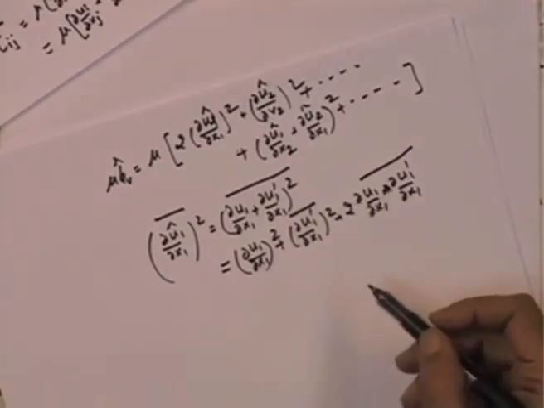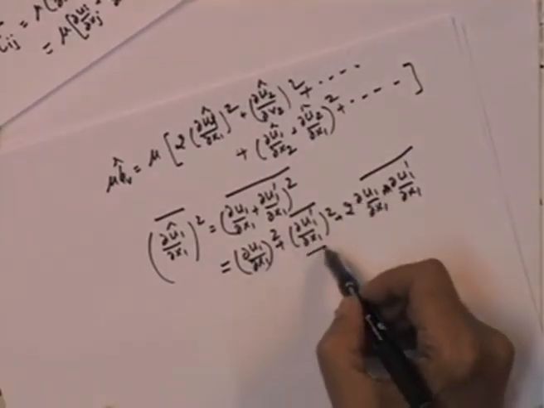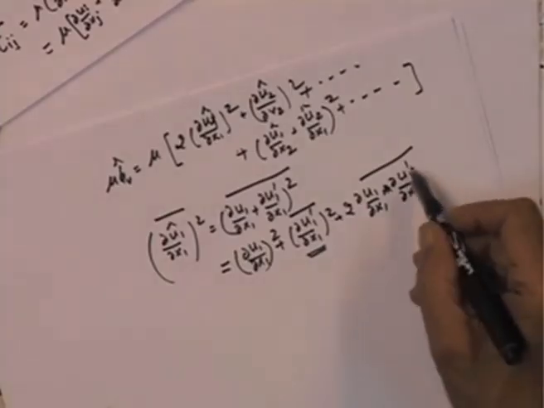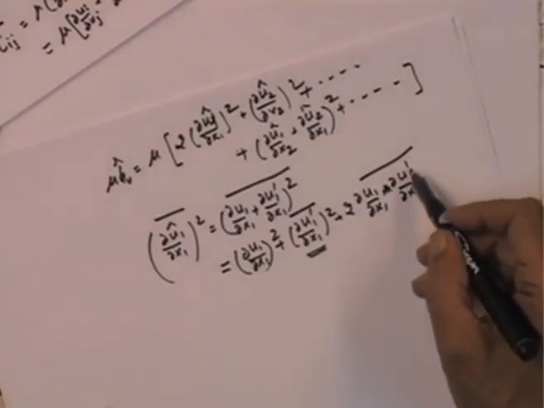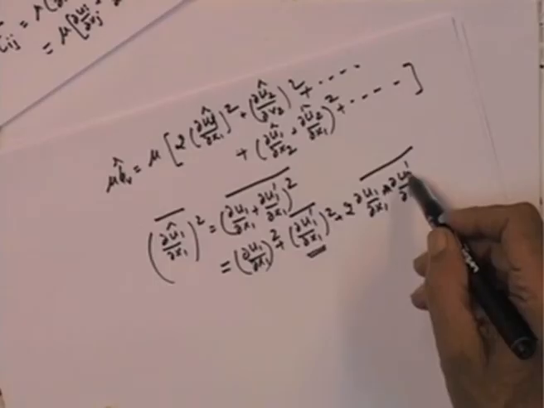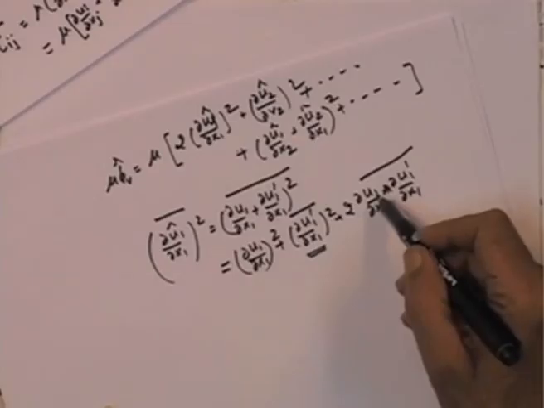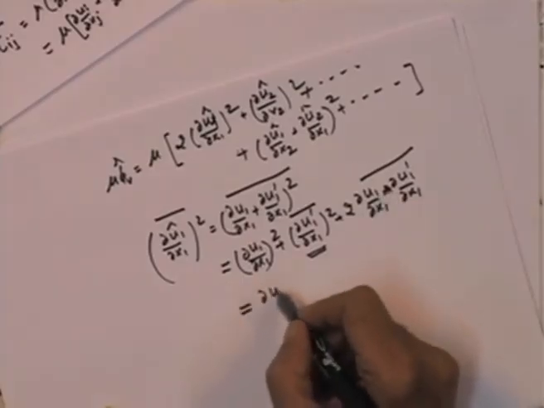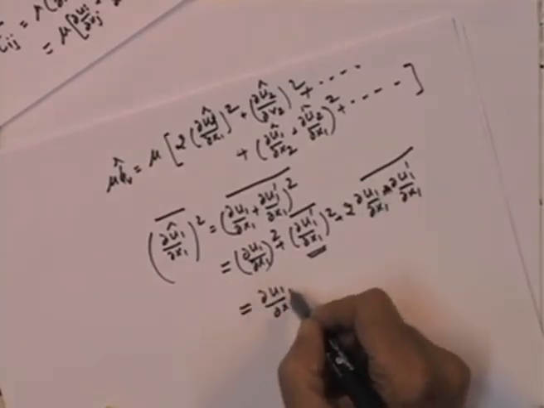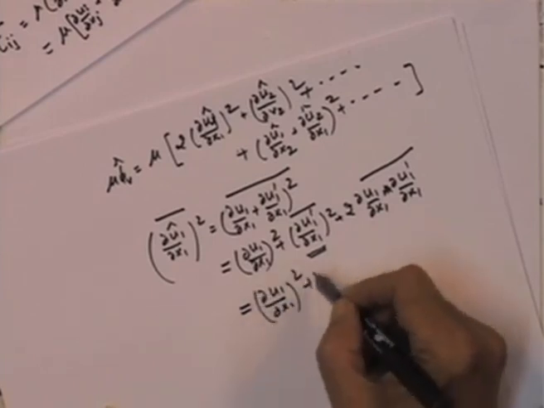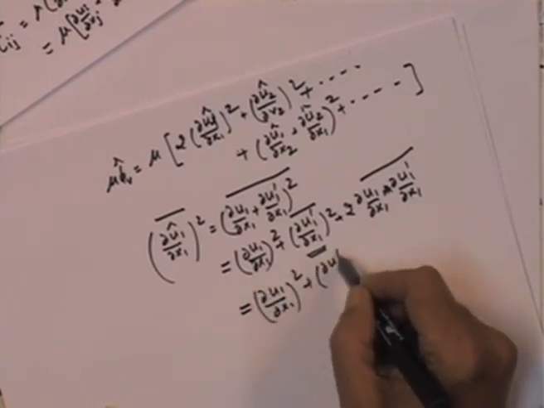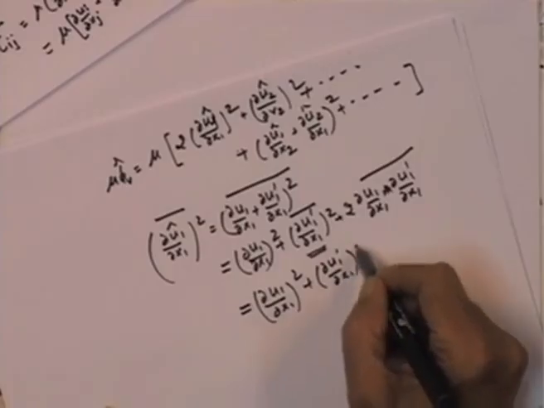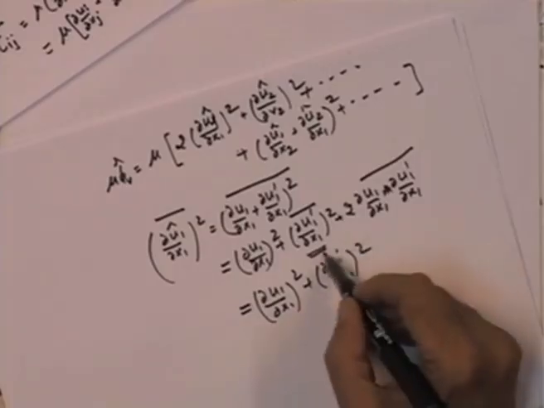You will see therefore that this term will survive, whereas this term will vanish because a single u1 dash appears here, and this is the mean value, and therefore you will simply get this as (du1 by dx1) whole squared plus (du1 dash by dx1) whole squared time averaged.